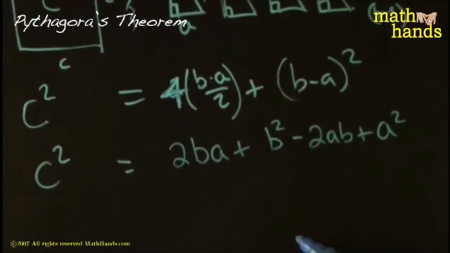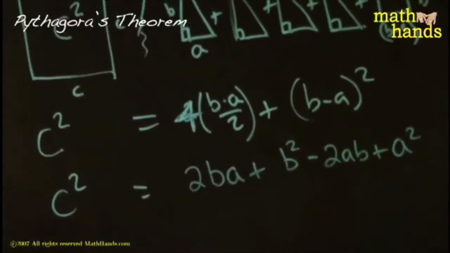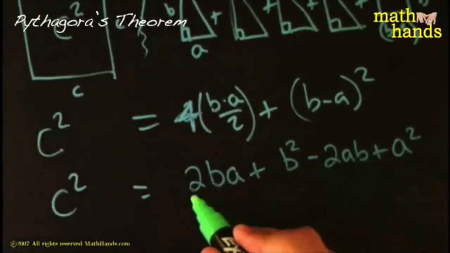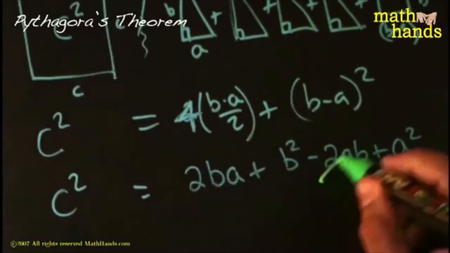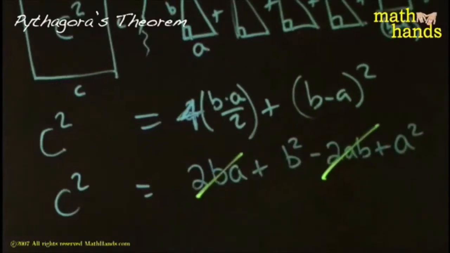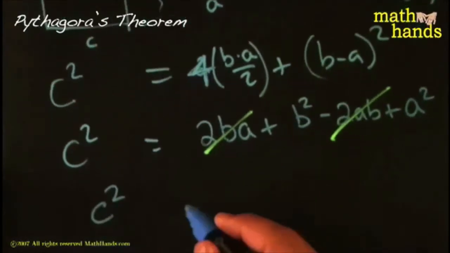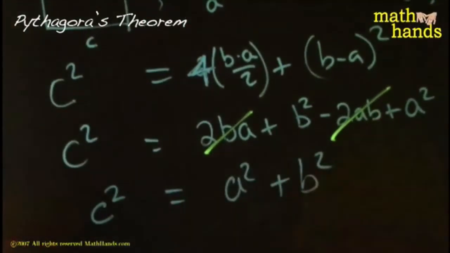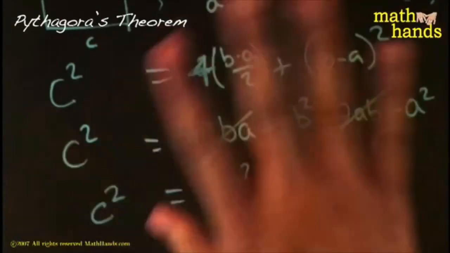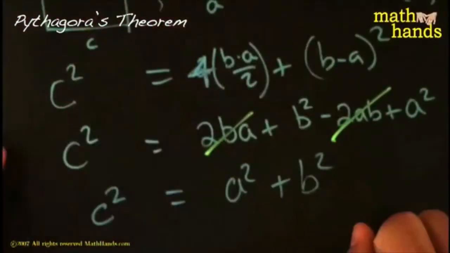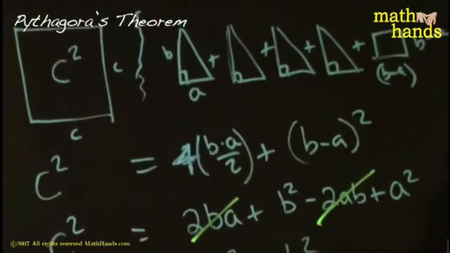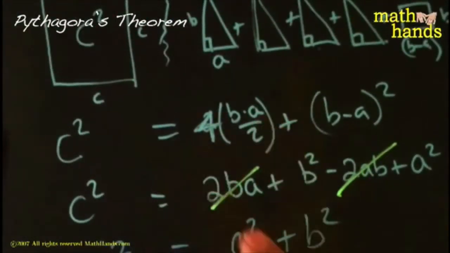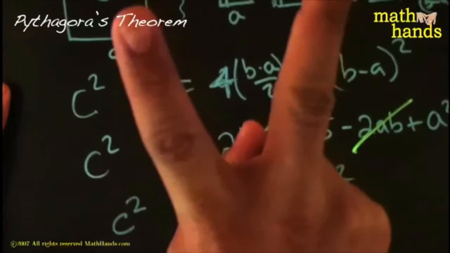And then this would clean up nicely, because if you have 2BA and you take away 2BA, all the BA terms are gone. And lo and behold, what you've got here is that C squared is equal to A squared plus B squared. See that? That's why they pay me the big bucks, my friends. That's the Pythagorean theorem.